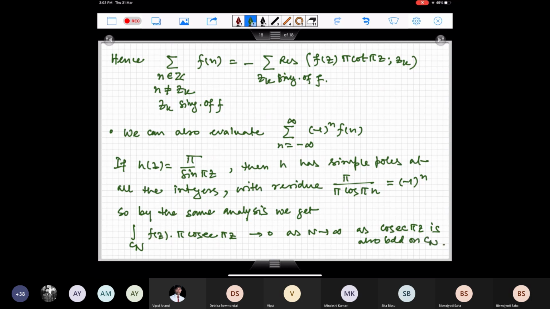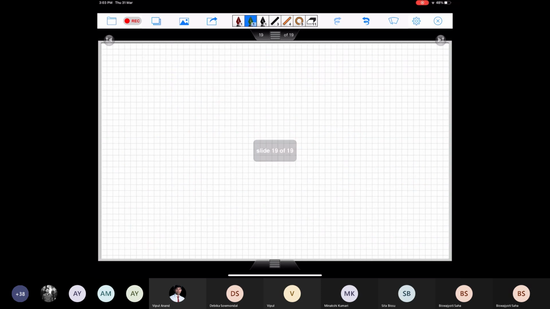Exactly the same analysis gives you this goes to 0. Because 1 plus cot square is cosec square, if cot is bounded above by 1, then cosec is bounded above by square root 2, or whatever, square root 5. Anyway, it's going to be bounded. That's all that we need.